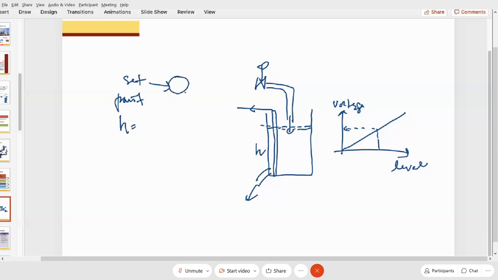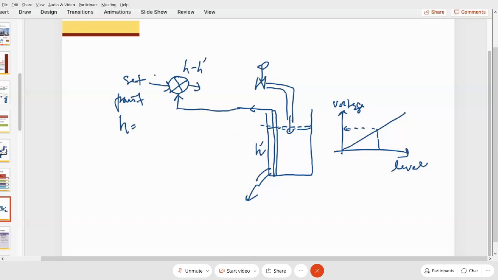So at this point, what happened to the system? You compare your set point with the current level of this system. So the output will be H minus H prime. So the output must be an electrical signal.